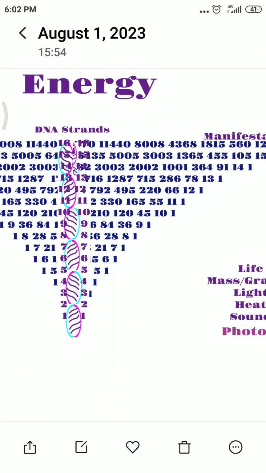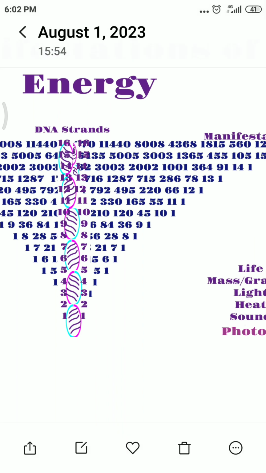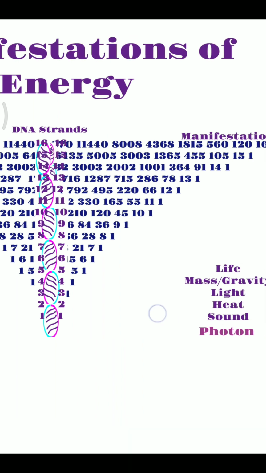This is basically the physical body. Your physical body will have 2 strands, but mentally you are capable of reaching 12 to 16 levels, that is 8 strands minimum. That's what I think.